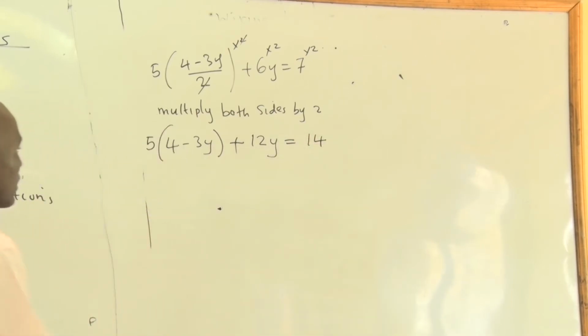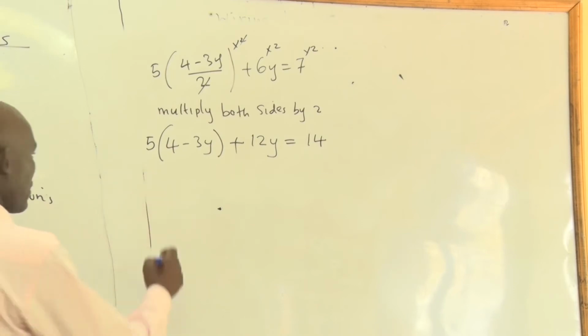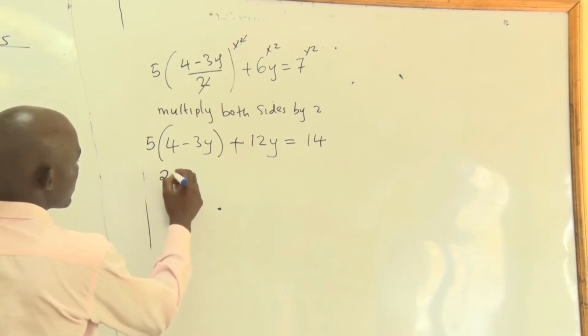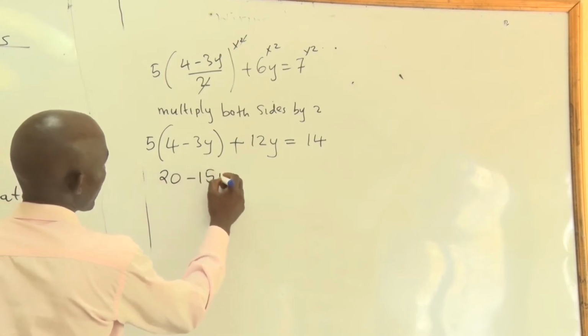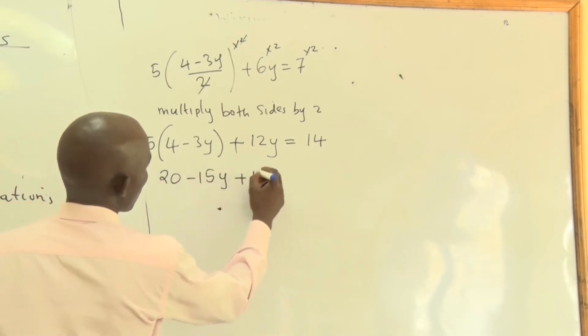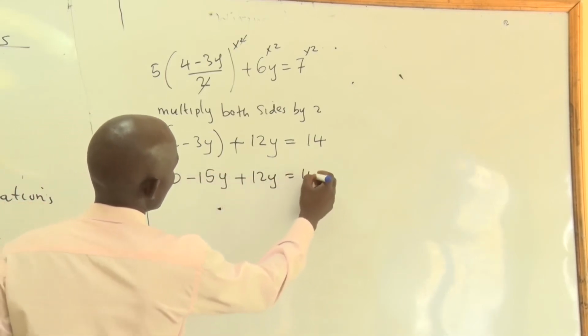That is what we get. If you open up this bracket, 5 times 4, you will get 20 minus 15y plus 12y is equal to 14.